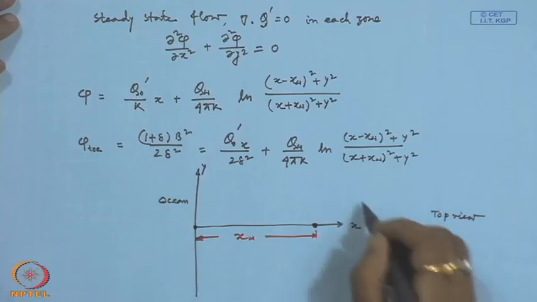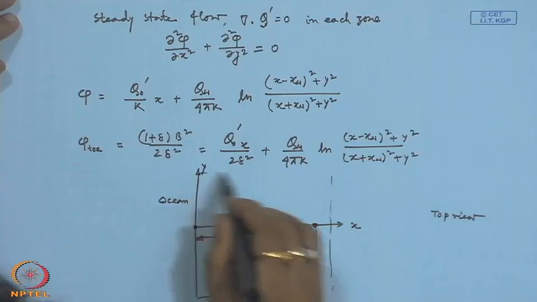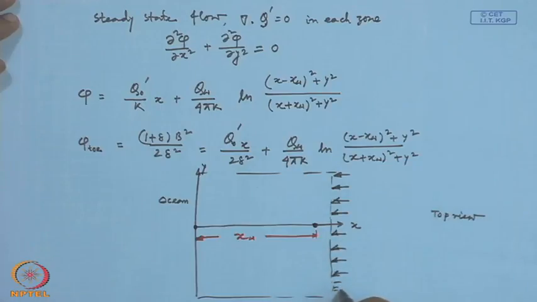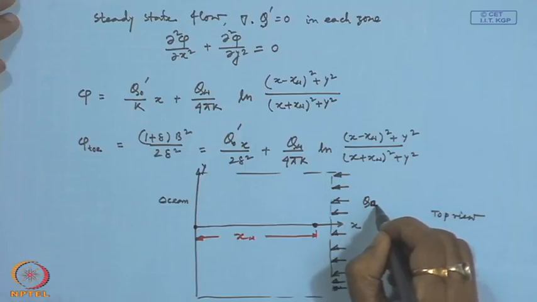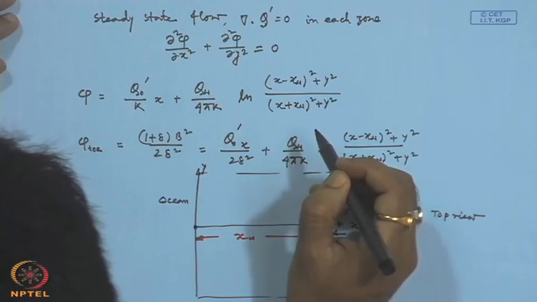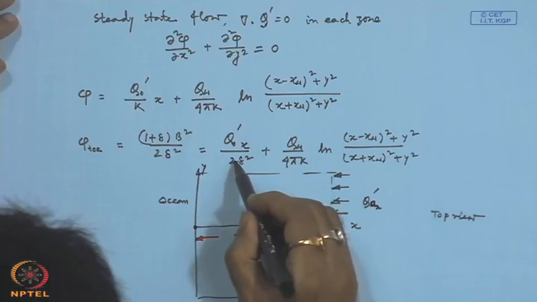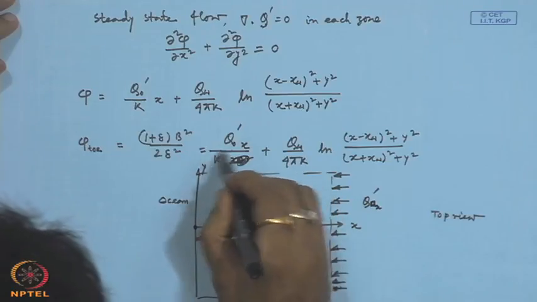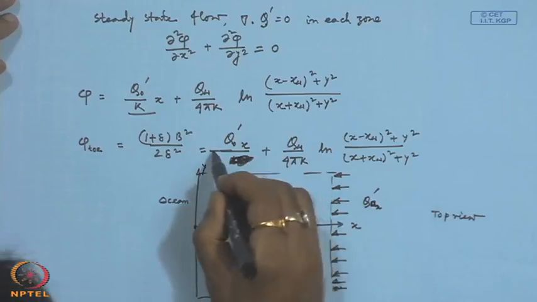This is the ocean, and this side we have the horizontal flow that is coming from the freshwater aquifer towards the sea, q naught x prime, and this thing is basically K by x, as in our previous discussion.